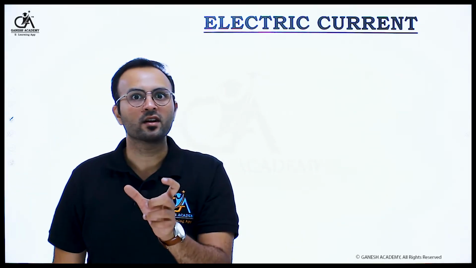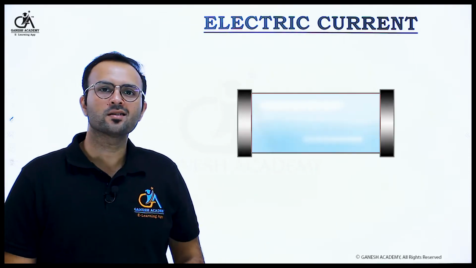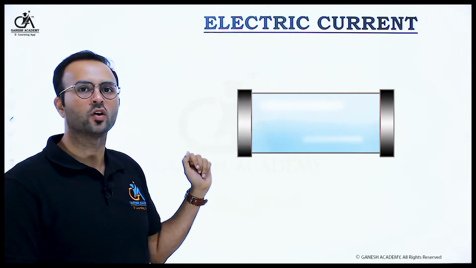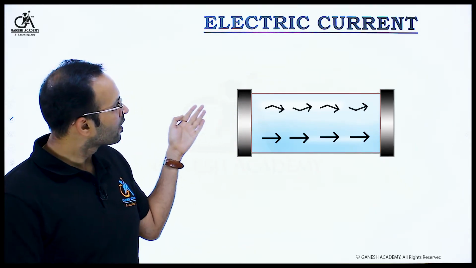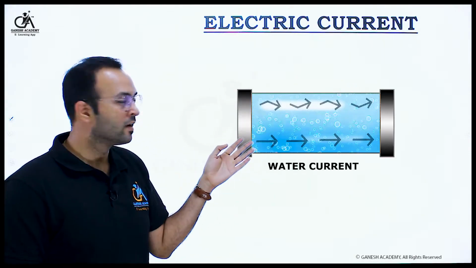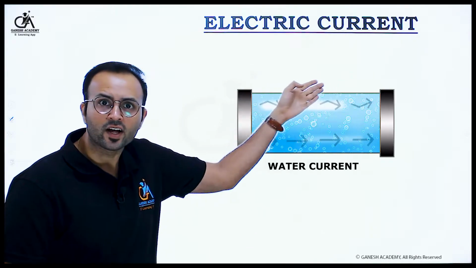Now before electric current, let's understand one thing, that what is the meaning of a current. Consider a hollow pipe जिसमें से water flow होता है. Okay. Now you can see that water is flowing in the rightwards direction. You can see small water molecules are there which are flowing in the rightward direction.